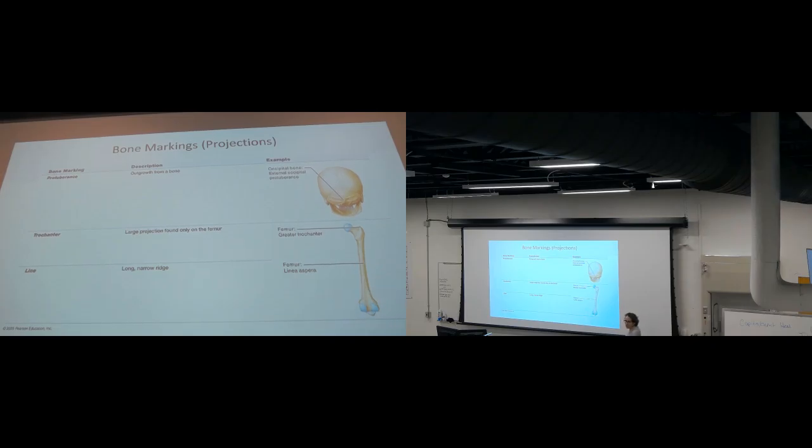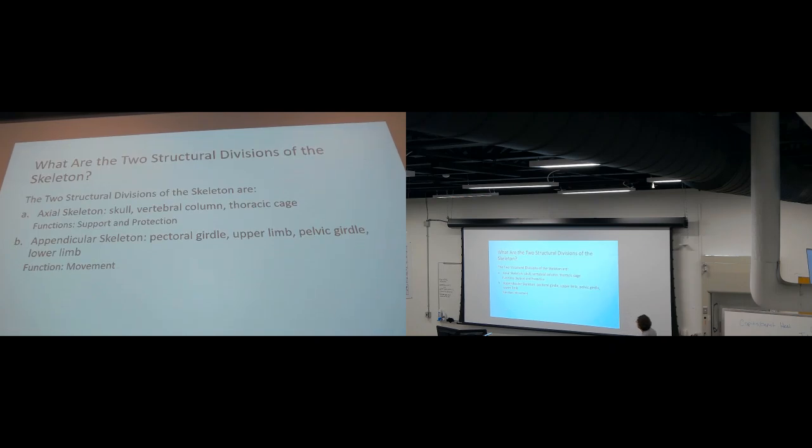Line in Spanish is linea, and aspera means rough. So this is the rough line. Here, we have several muscles that attach into this linea aspera. It's a long, narrow ridge. So those are definitions and examples.